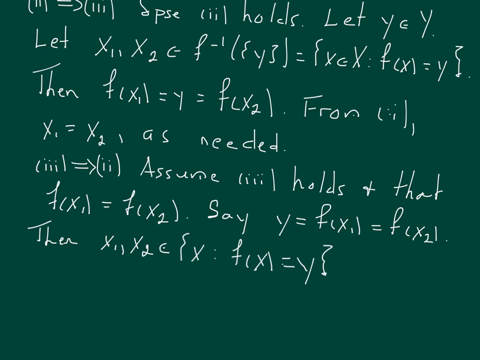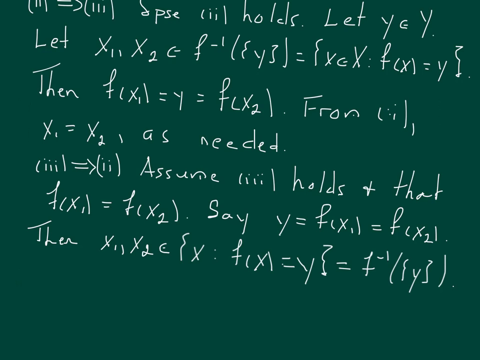Right? f(x1) is y, and f(x2) is y, so x1 and x2 belong to the set of all x's for which f(x) is y. But what is this set? This set here is just the preimage of the singleton set {y}, right? This is the same, of course, as saying that f(x) belongs to this singleton set {y}.